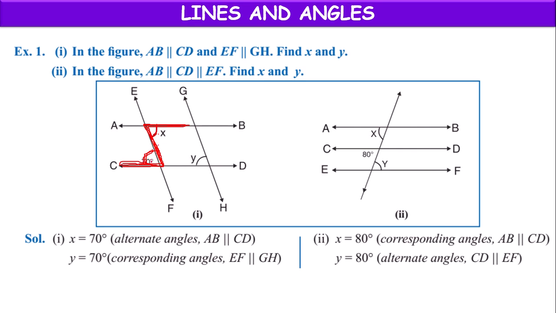These alternate angles are equal because these two lines are parallel and it is the transversal. X value will be 70 degrees.